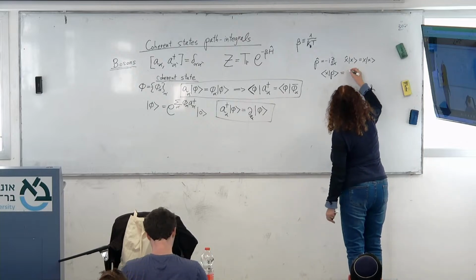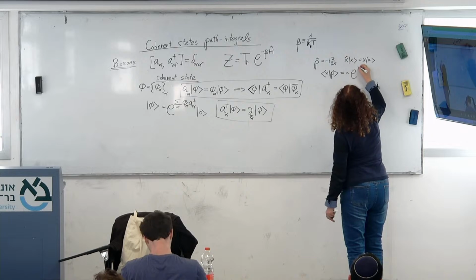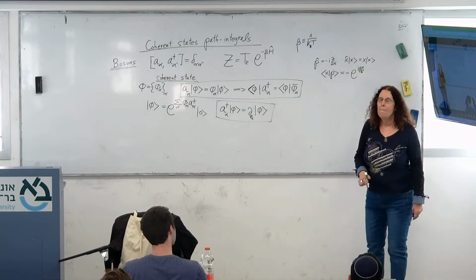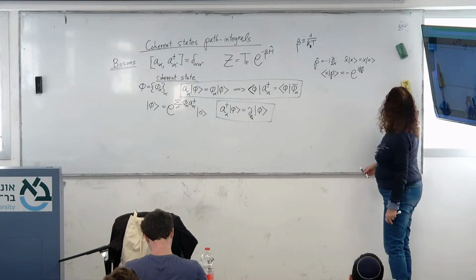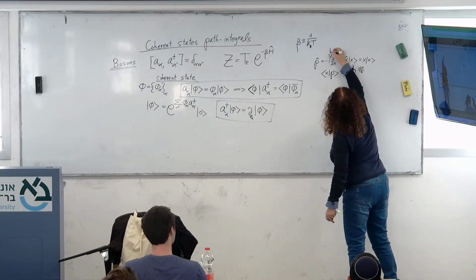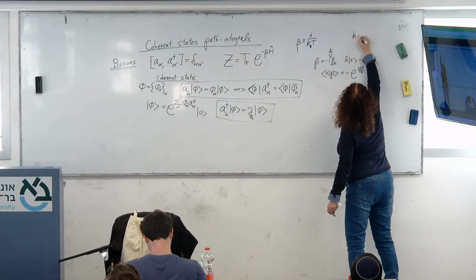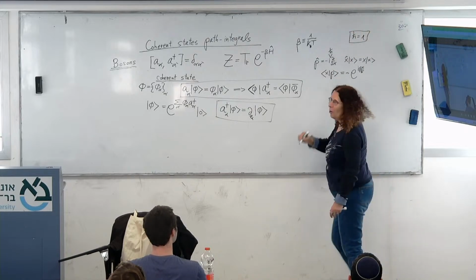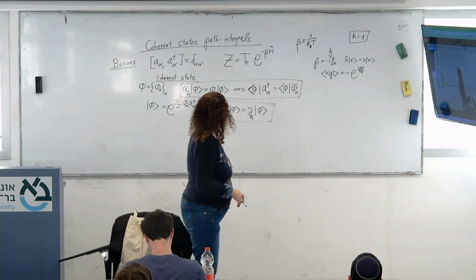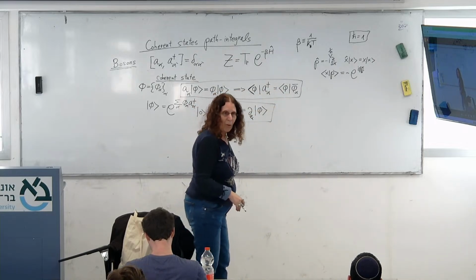It's going to be, up to normalization, something that looks like e to the I p x, up to h bar. Actually I forgot the h bar here, but let's assume from now on that h bar is 1. Until the end of the course, I don't want to carry it on.